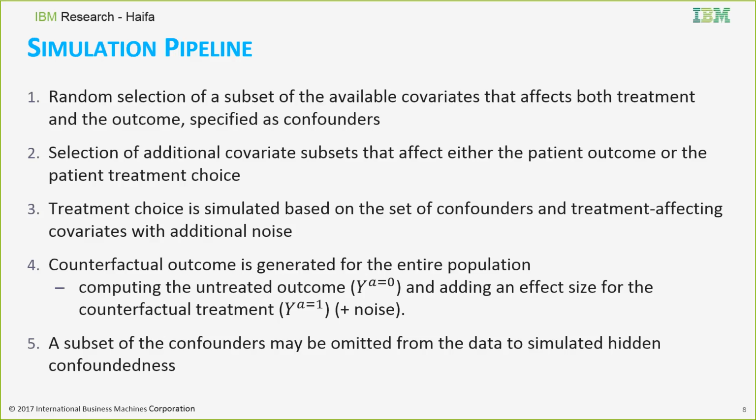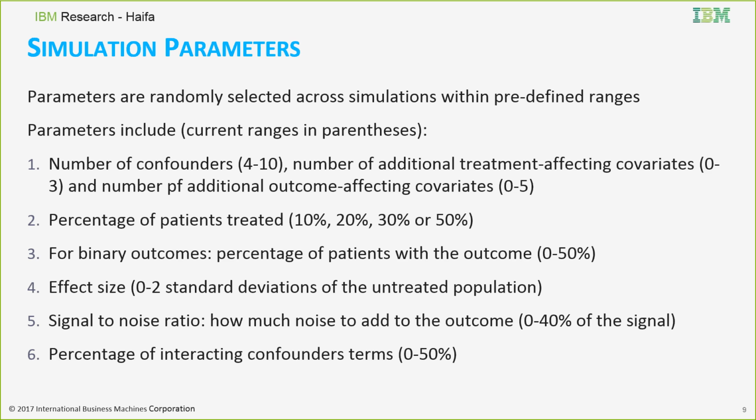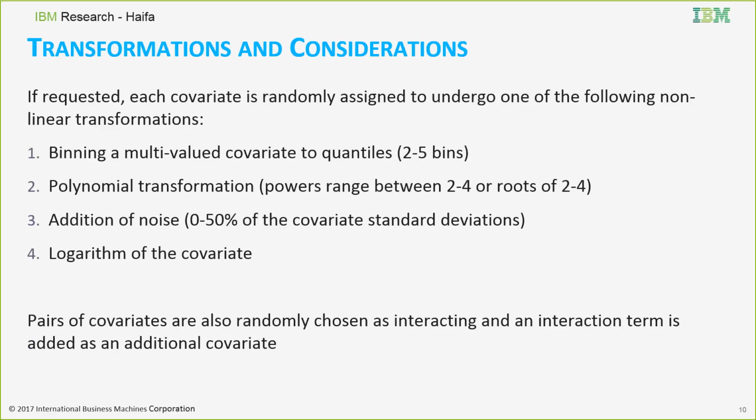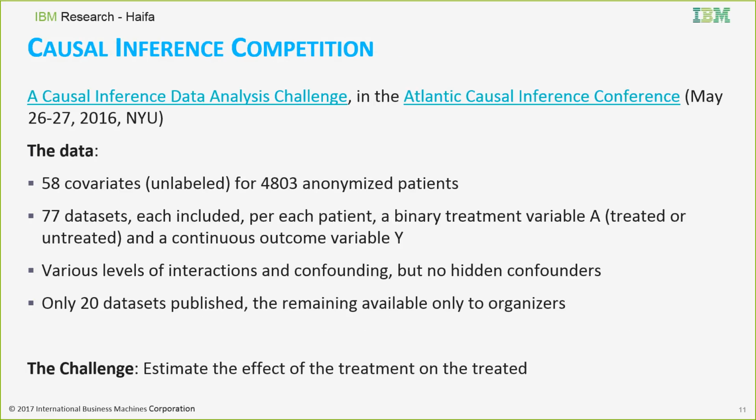From these, you also select ones that affect only the outcome or the treatment assignment, and from this you simulate the treatment assignment and the outcome after adding some noise as well. So we try this with various combinations of parameters, and so get to this competition.